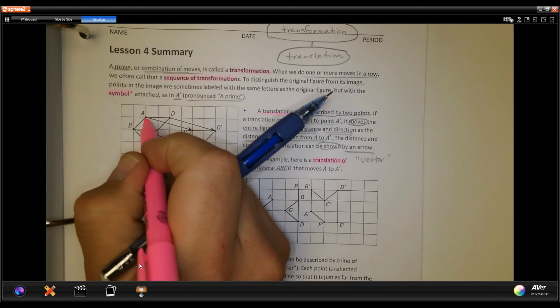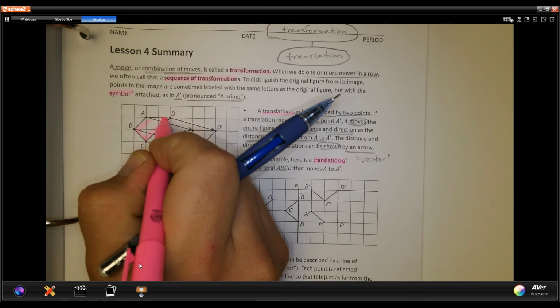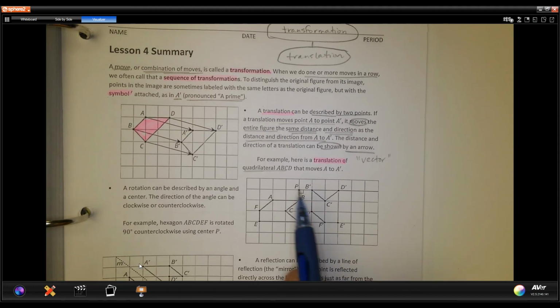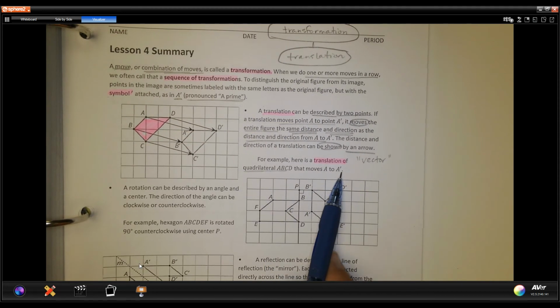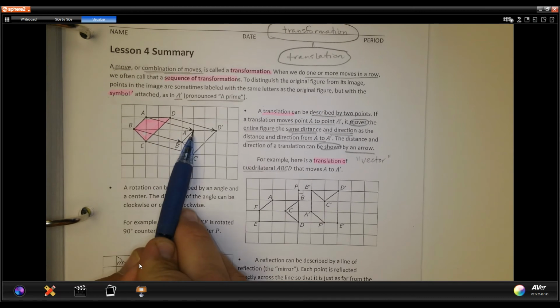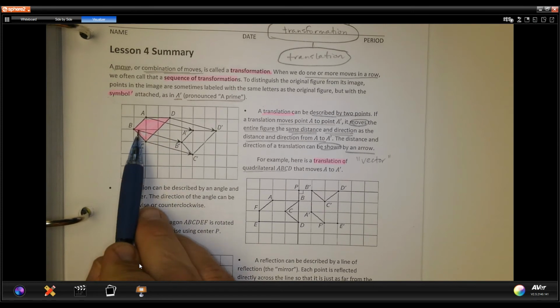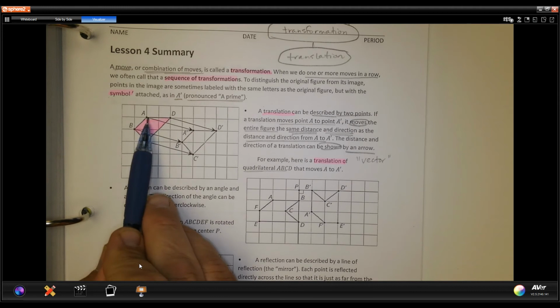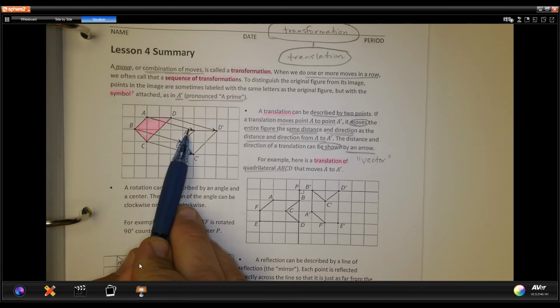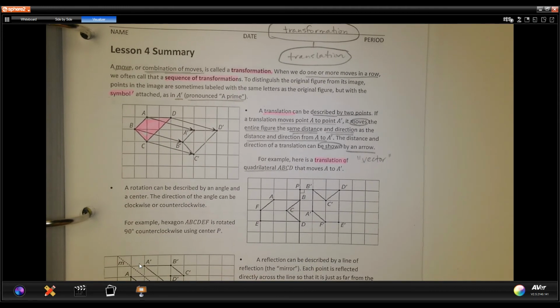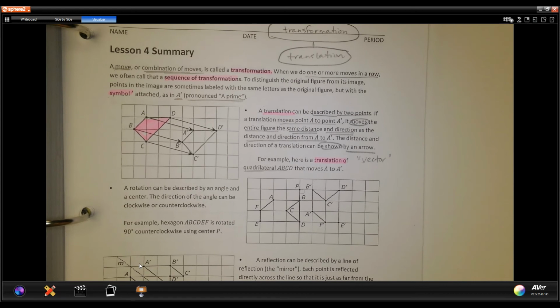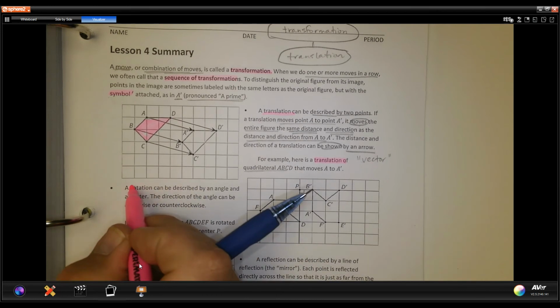In this case, we're translating this figure, quadrilateral ABCD, that moves A to A prime. So if we're moving A to A prime, that automatically under a translation moves everything. So A, B, C, and D will follow that same rule. This line right here, or this arrow, is the vector that's telling us the distance and the direction that quadrilateral ABCD will move.